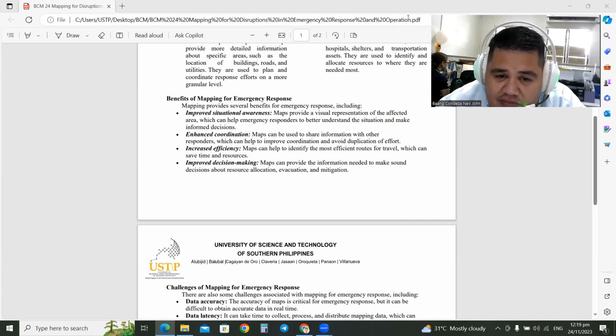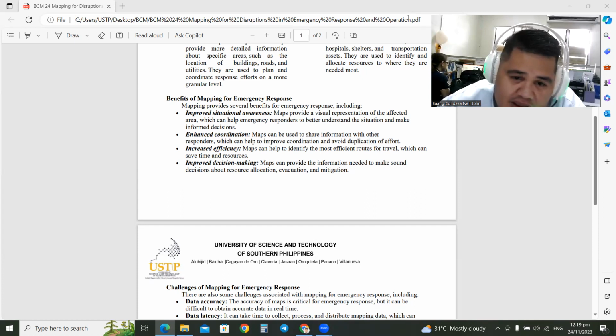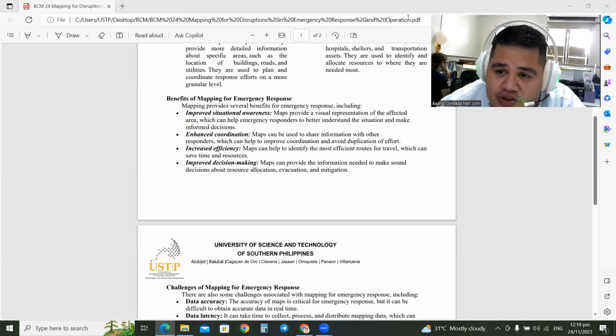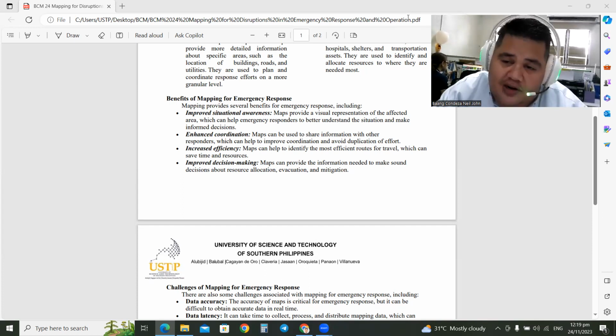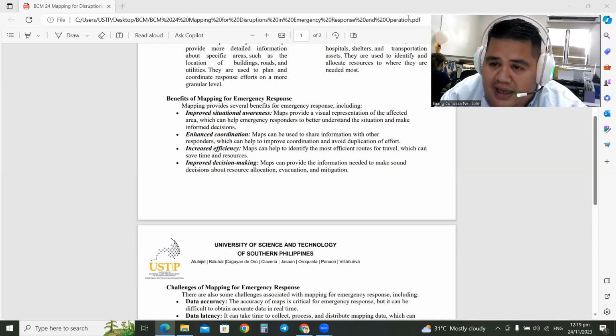And resource allocation, like the goods that can be used underneath the ground, for the mining companies, right? If they are trapped underneath, then the map would serve as their direction to where the stocks are, to buy time and extend their life underneath, right? Like canned goods, water bottles, supplies, medical aid equipment, and so on underneath.